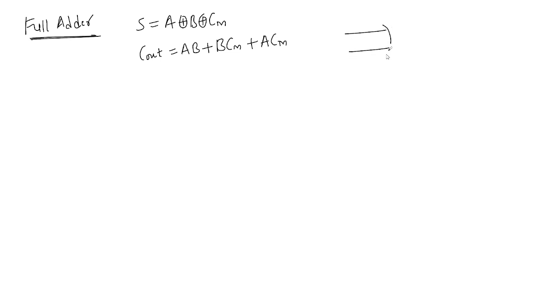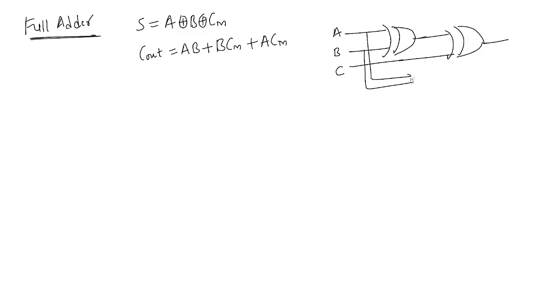Just this is one XOR gate. Again, you are giving it to one more XOR gate, and here A, B, and C. So AB, this is Cin, and BC is connected with an AND gate, and AC also.